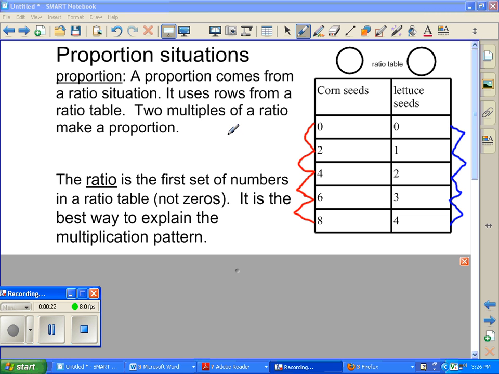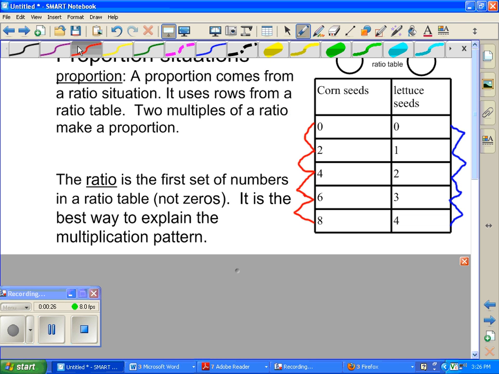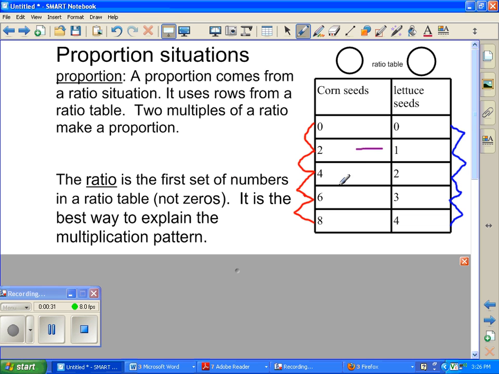Okay? So if we were to look at, let's say, this row, and let's say this row. In order to make this a proportion, there's several ways to write it.